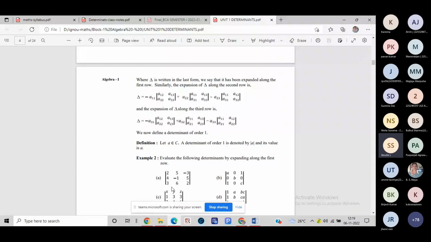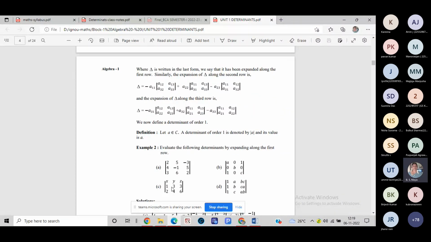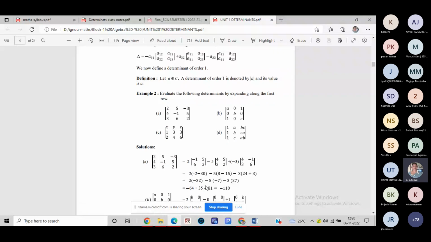Minus 110. How much did you get? 202. Minus 110. The answer will come as minus 110. Correct?